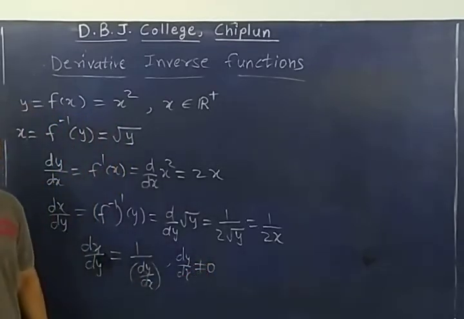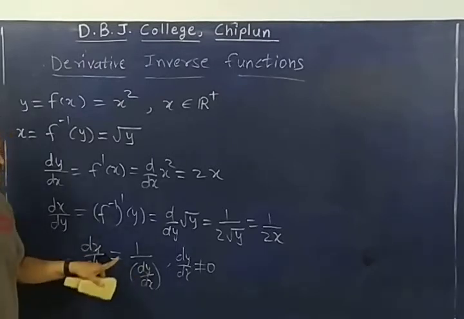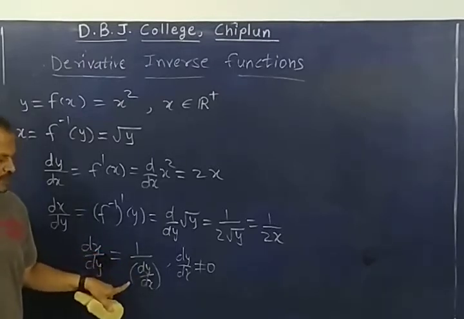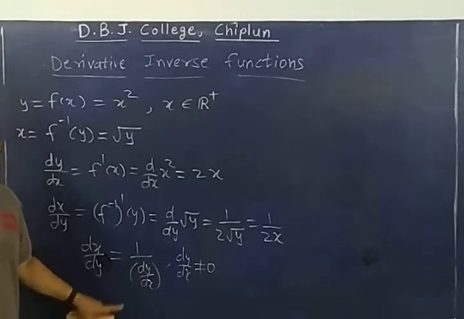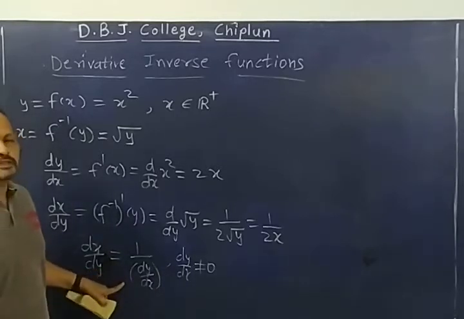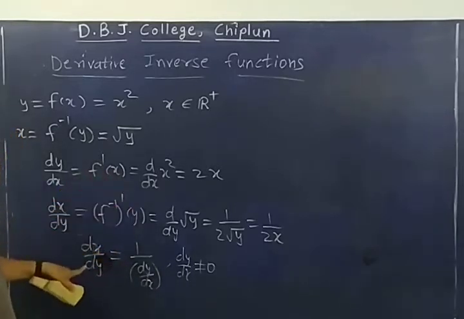If dy by dx is not equal to 0, then dx by dy is equal to 1 upon dy by dx. Is this clear to all of you? Then we will take the theorem which proves this.